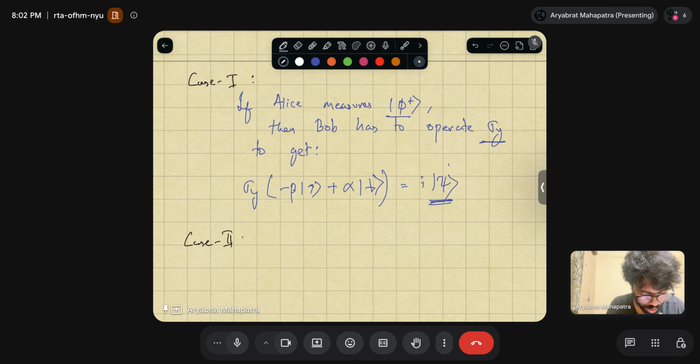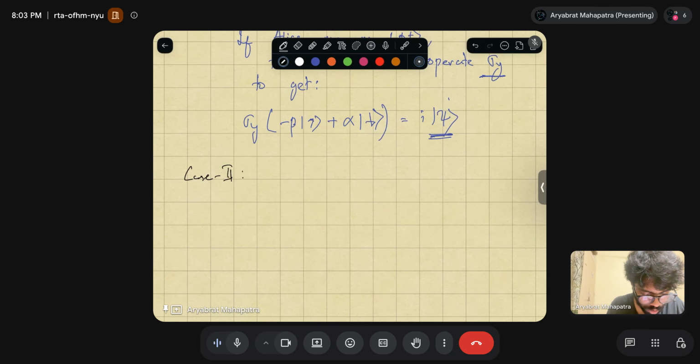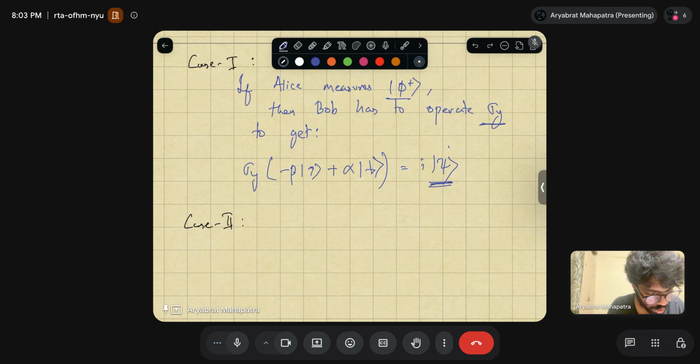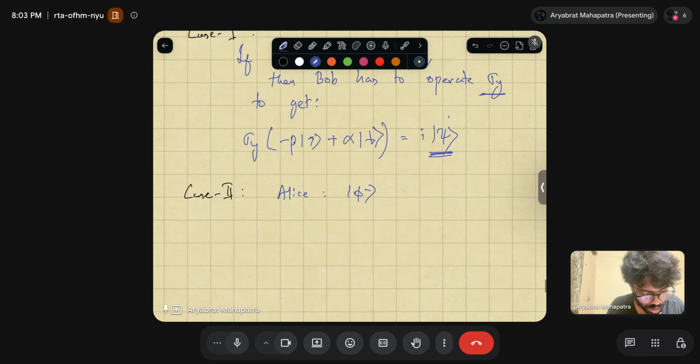Case 2: if the outcome of Alice's measurement is phi minus, then Bob will act with sigma x, and that will give psi.